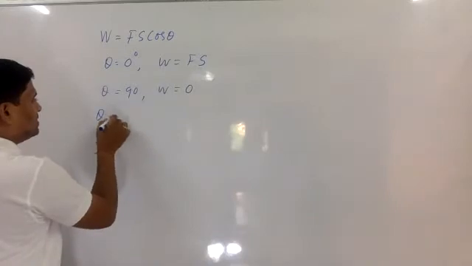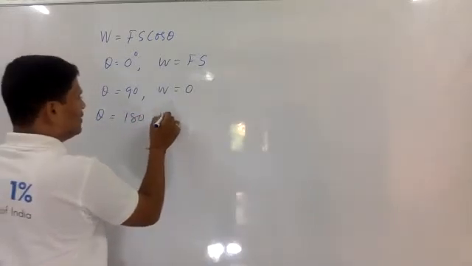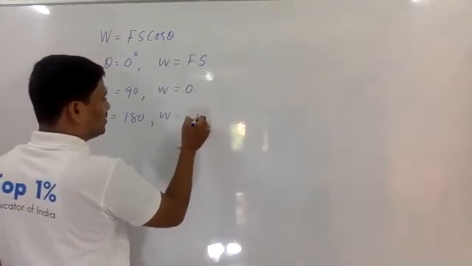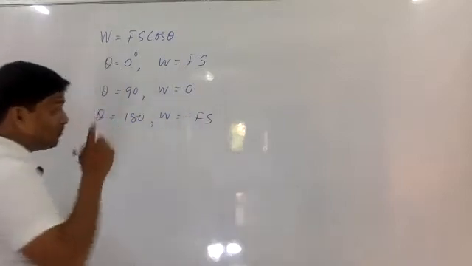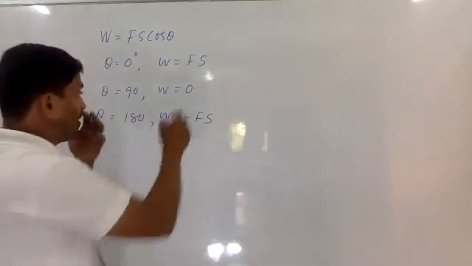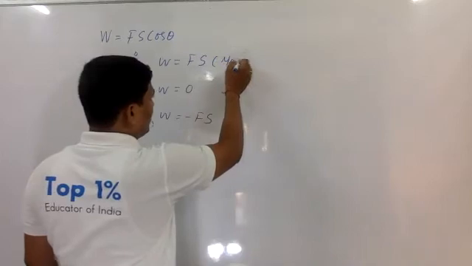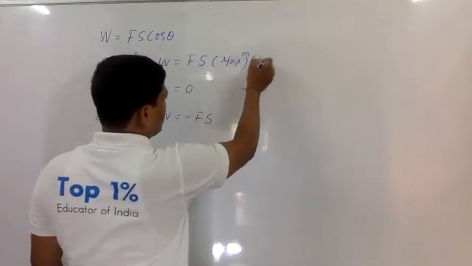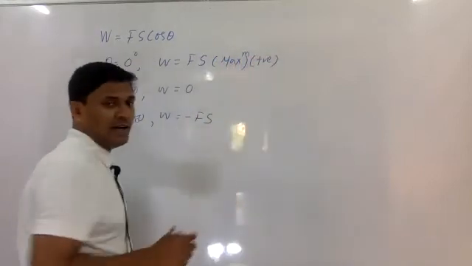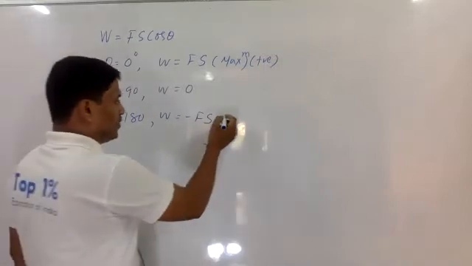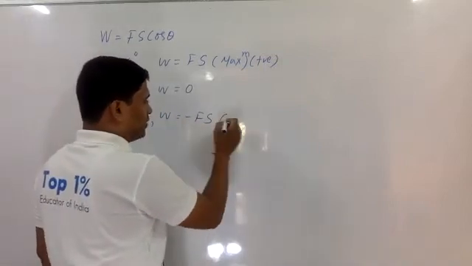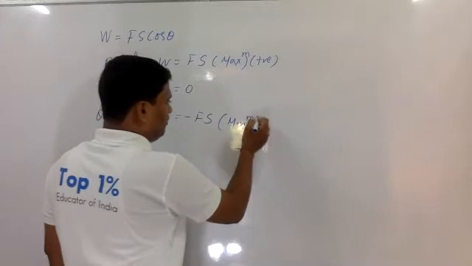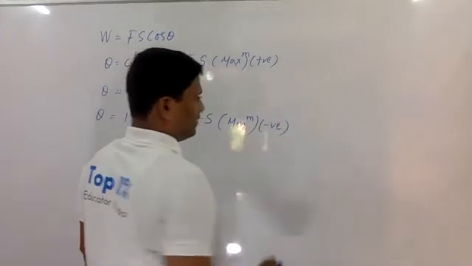If theta is 180 degrees, cos 180 is minus 1, so work is minus Fs. So when force and displacement are in the same direction, work done is maximum and positive. When both are perpendicular, work done is 0. And when both act in opposite directions, work done is minimum, and that is negative.